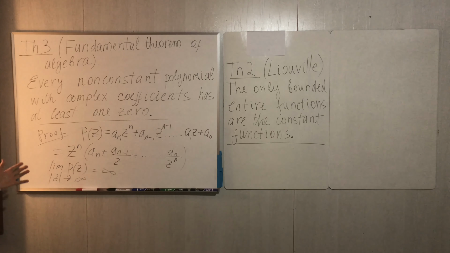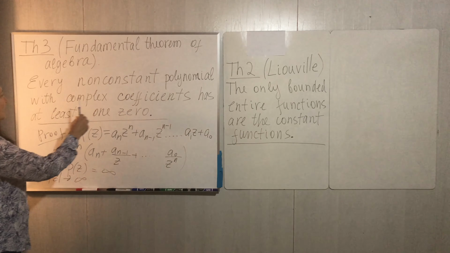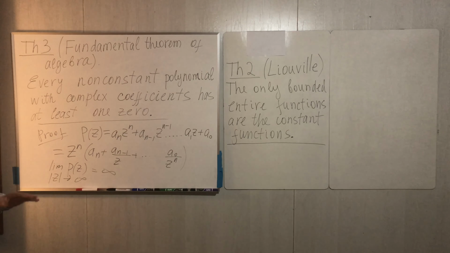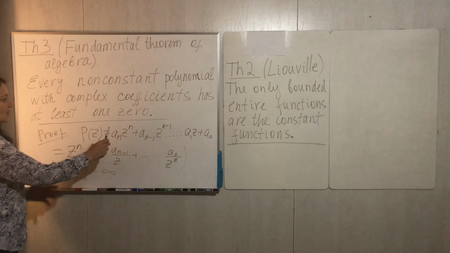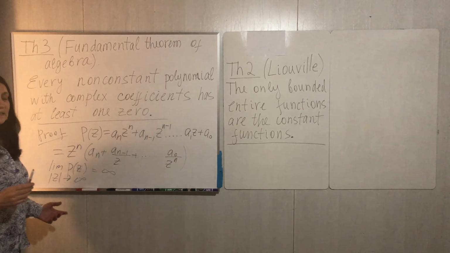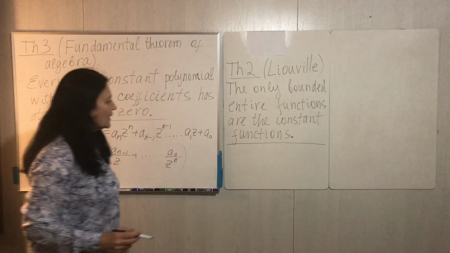So now let's prove by contradiction. The theorem says that every non-constant polynomial with complex coefficients has at least one zero. Assume that it doesn't have zeros at all. What does it mean? That there is no number a that we can plug in and get zero. So the function p of z doesn't have zeros.